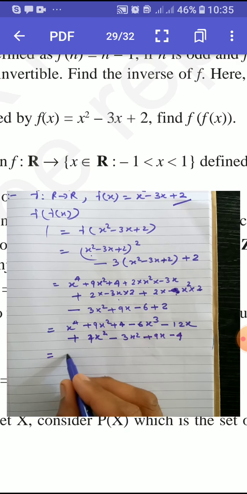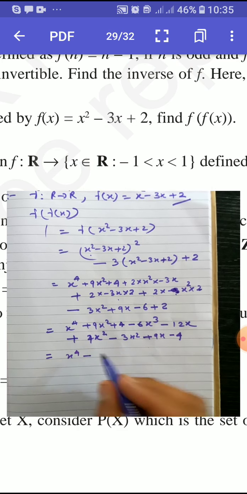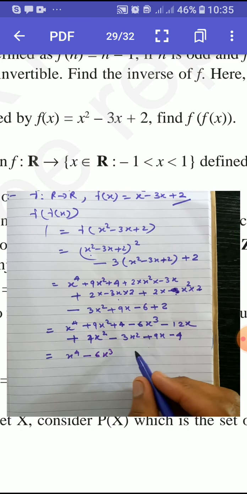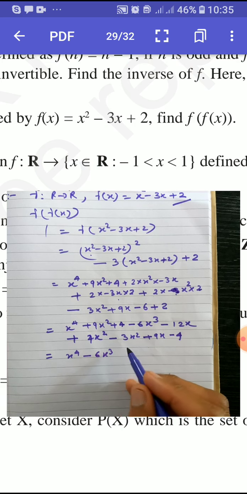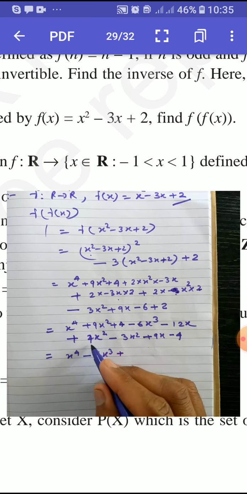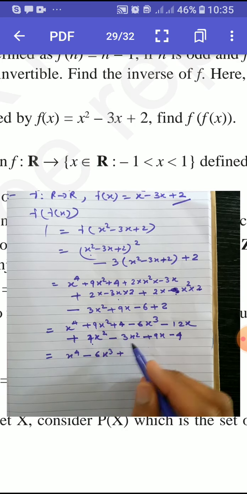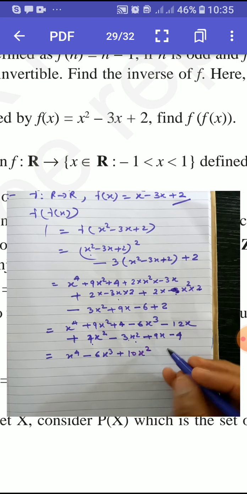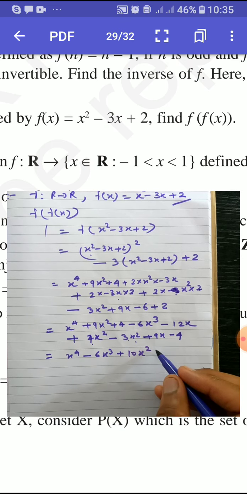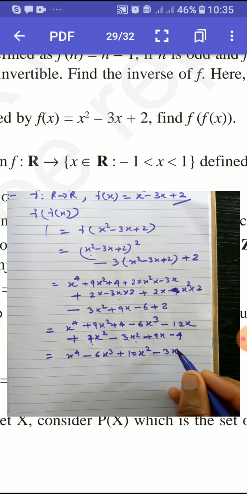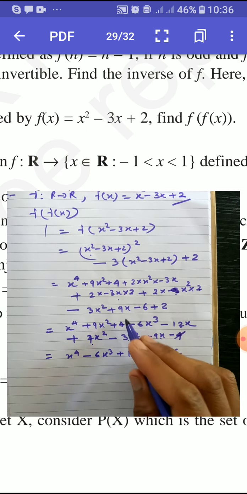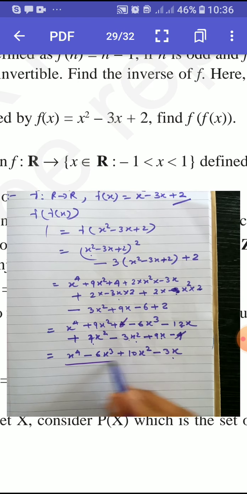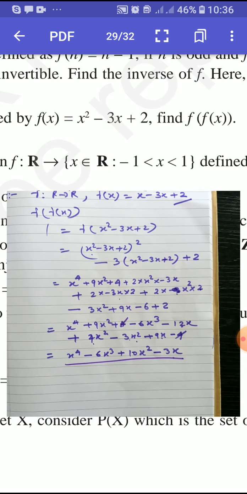X to the power 4 minus 6x cube, and plus 9 plus 4 is 13, 13 minus 3 is 10 x square, and minus 3x minus 12x plus 9x. Okay, this is the f of f of x.